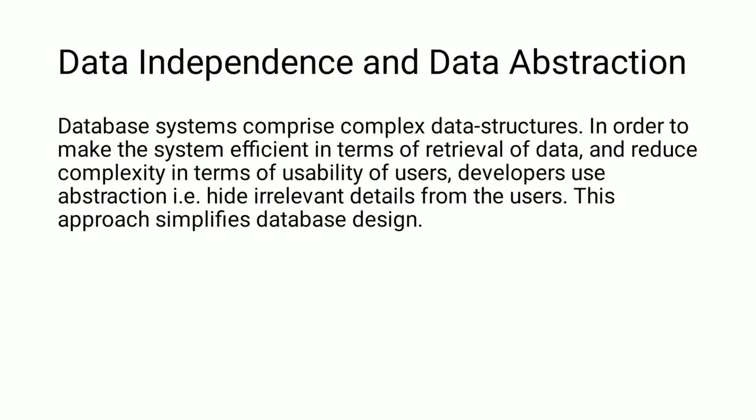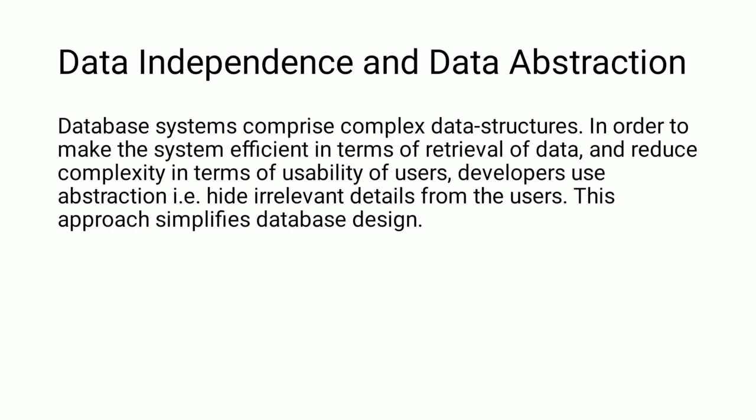What is abstraction? Data abstraction means retrieving only the required amount of information about the system and hiding the background details. There are several levels of abstraction that simplify user interaction with the system: physical level, logical level and view level. Database systems comprise complex data structures.